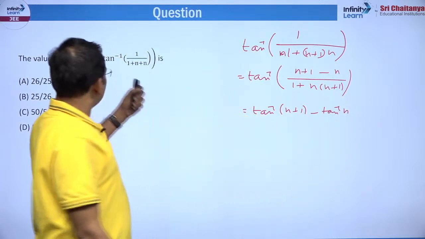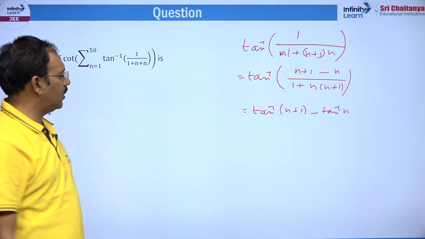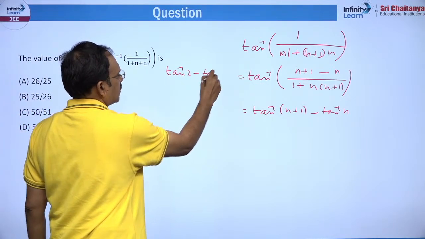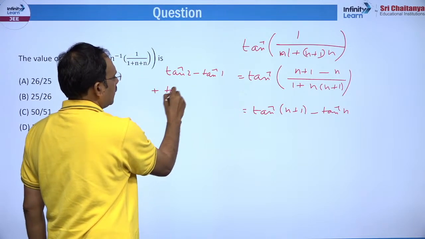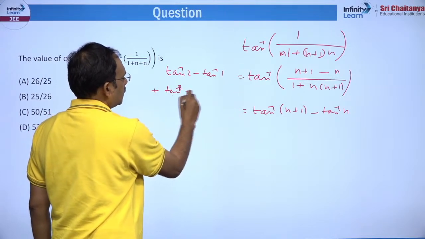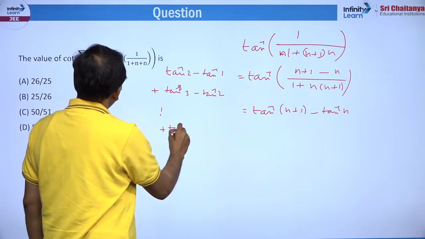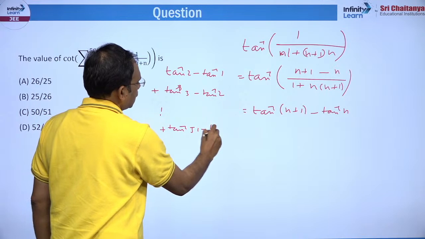Now, if you apply sigma n equal to 1 to 50, you will get tan inverse 2 minus tan inverse 1, plus tan inverse 3 minus tan inverse 2, and so on, up to tan inverse 51 minus tan inverse 50.